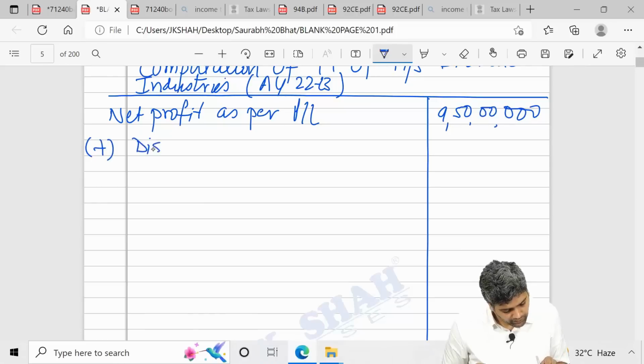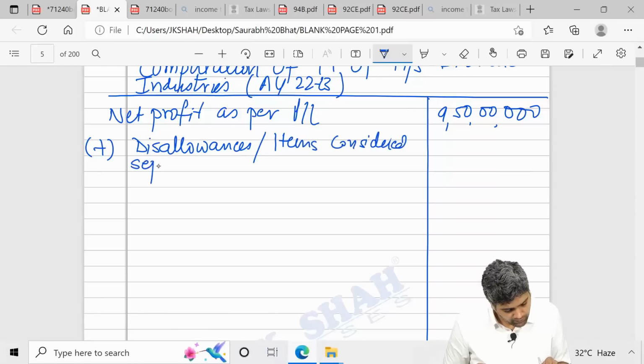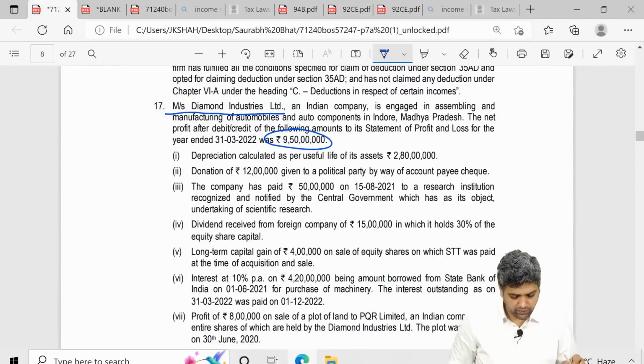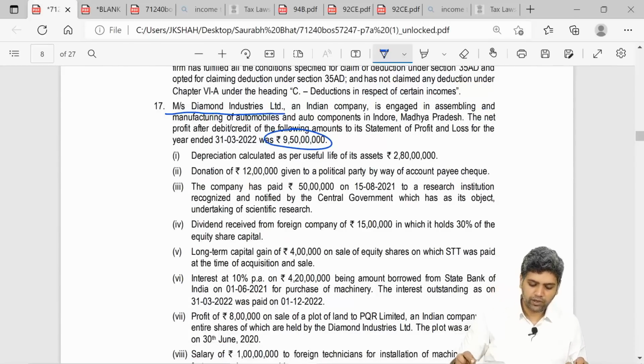Add disallowances or items considered separately. In that, they have said depreciation calculated as per useful life of the asset is 2,80,000.